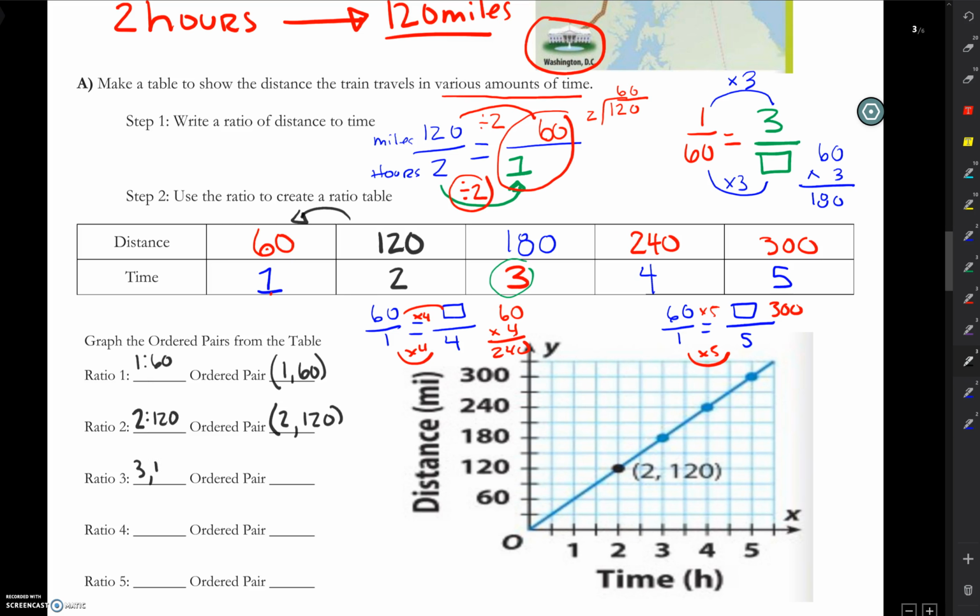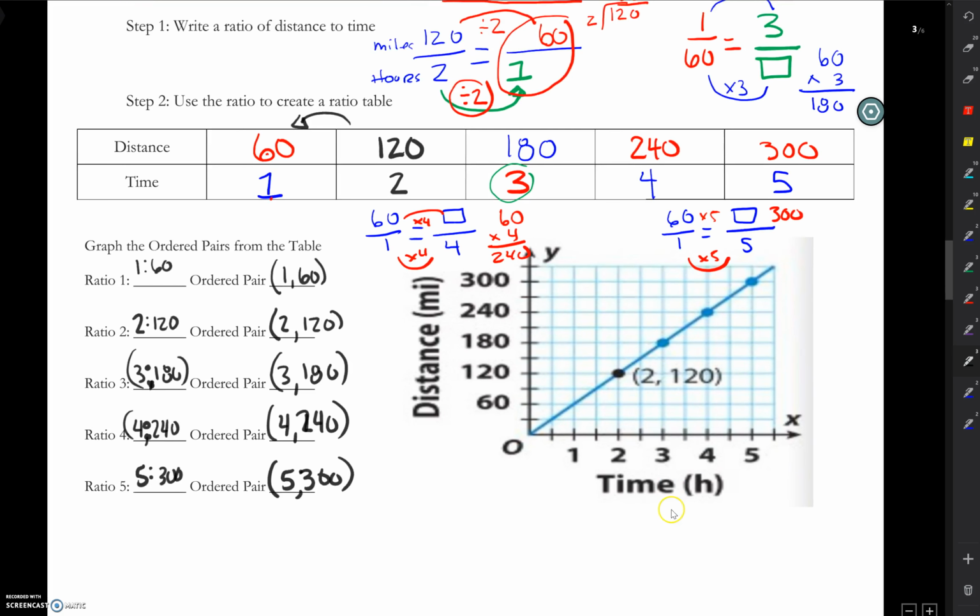It would be 3 to 180, which my ordered pair would be 3 over 180. It would be 4 to 240. These are ratios, sorry. Which my ordered pair would be 4 to 240. And it would be 5 to 300, which my ordered pair would be 5 to 300.